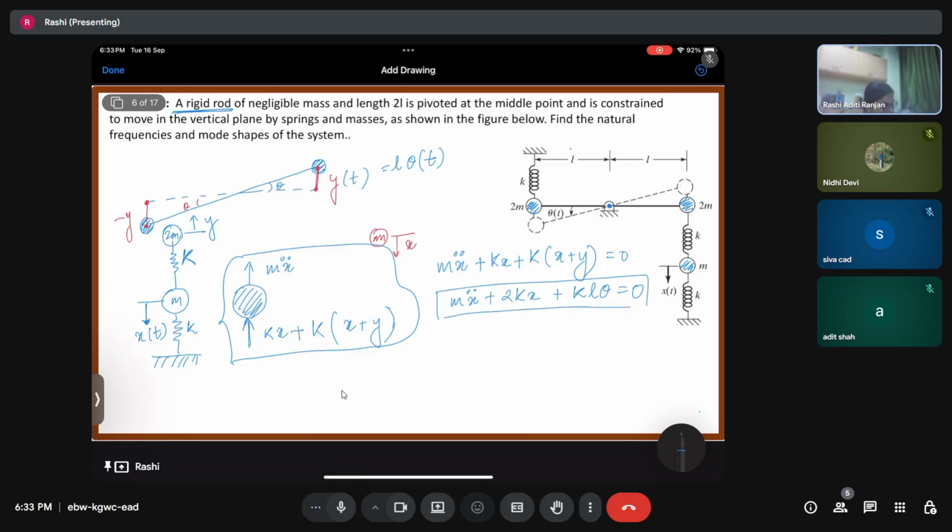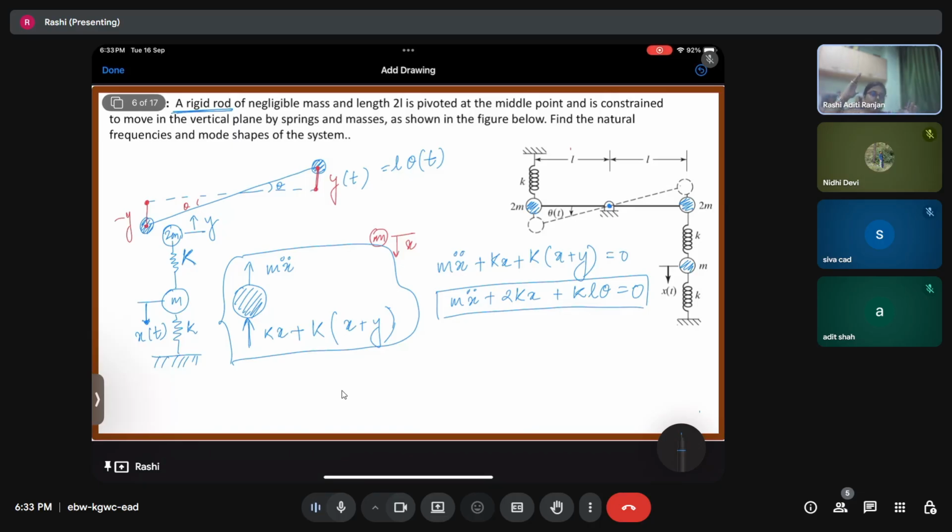Now coming on to the masses that are attached on the rigid rod. The rigid rod does not have its own mass, so it is not going to have any contribution. But there are two masses present on the ends of the rod, each of mass 2m. So the total inertia because of these two masses is going to be what? Firstly, a mass suspended at a distance of L from the pivot point is going to be mL square. Here we have 2m, so 2mL square, twice, because we have two masses.